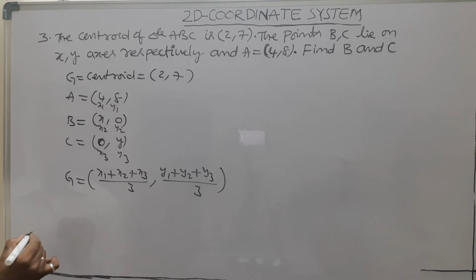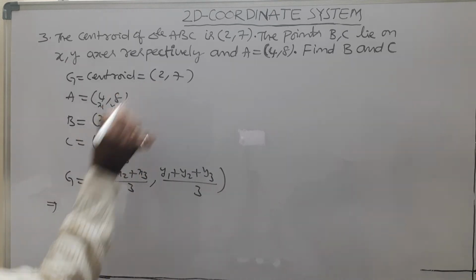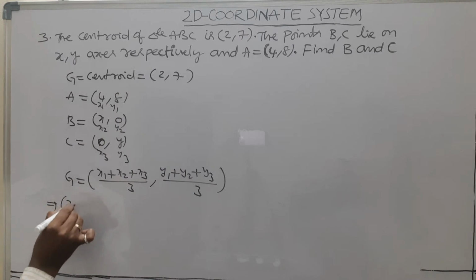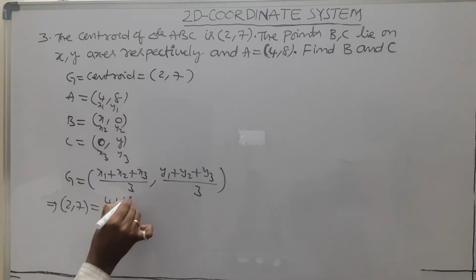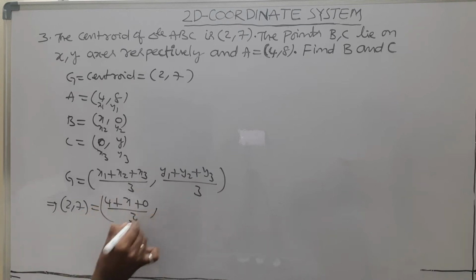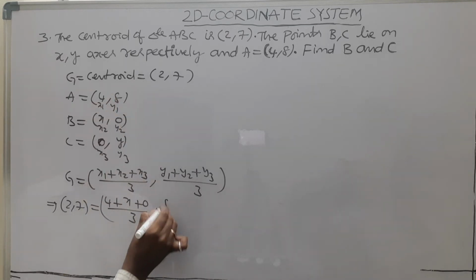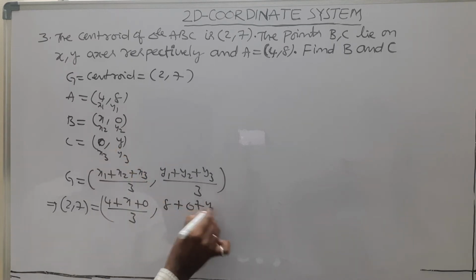Applying the values, the centroid G is (2, 7). x1 is 4, x2 is x, x3 is 0, by 3; y1 is 8, y2 is 0, y3 is y, by 3.